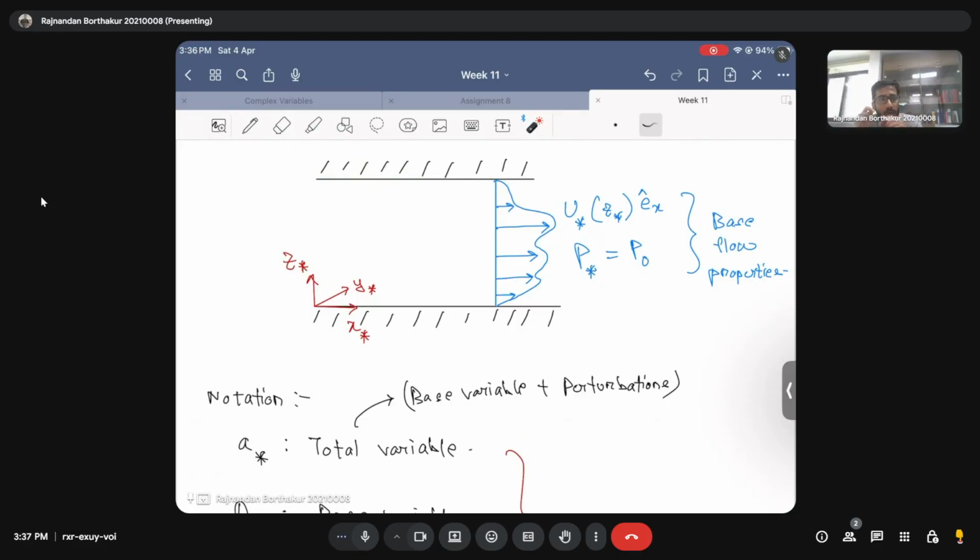Had this flow been viscous in nature, then P star would not be equal to constant. In fact, the viscous term, del square of V, would itself be balanced by the gradient of pressure.